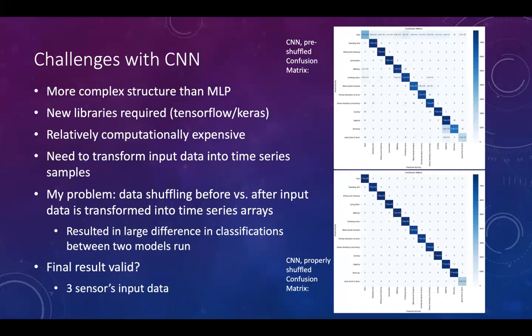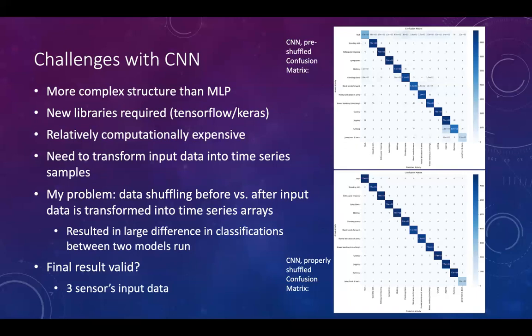But after I realized that, I was able to shuffle the already bucketed data samples for the purpose of training the model, and that essentially kept the sequential nature of the data. And so that is why I believe there was such a huge jump in performance in my CNN.